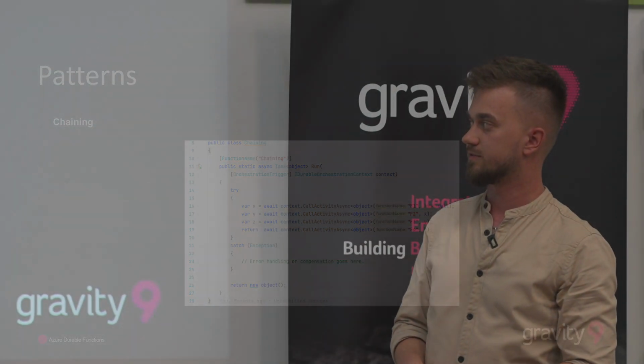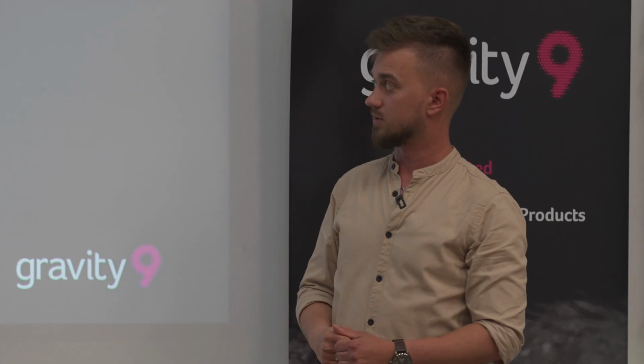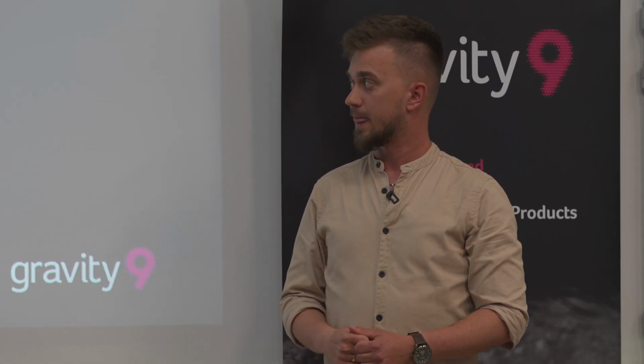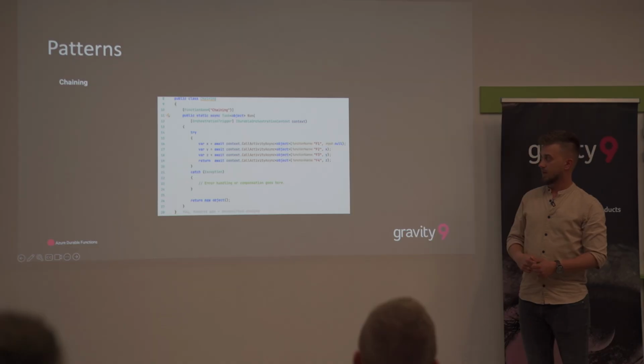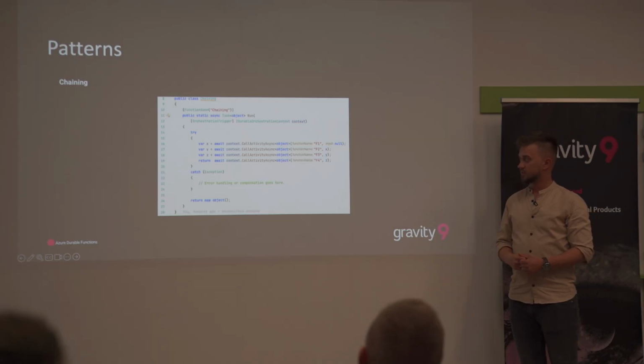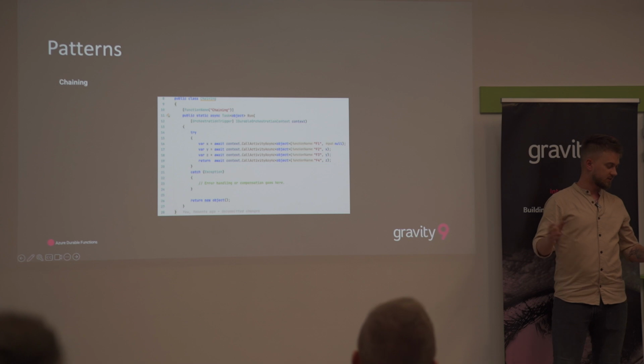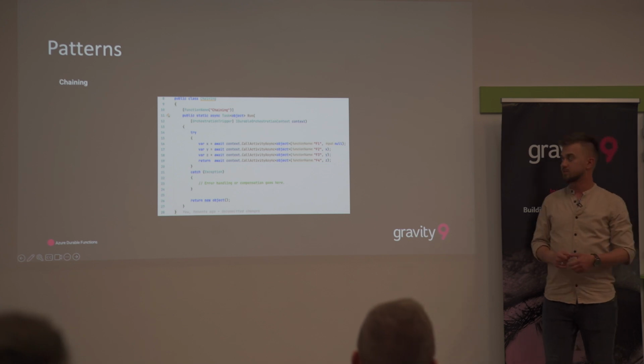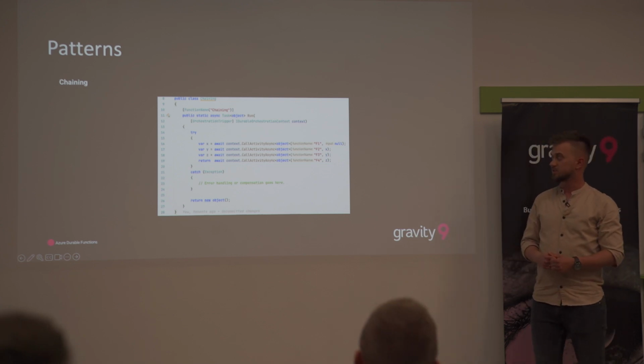This is one of the core concepts of Durable Functions. And the other thing is, of course, that it easily allows you to communicate with the different functions in this whole flow.